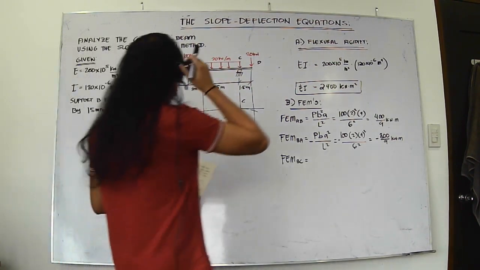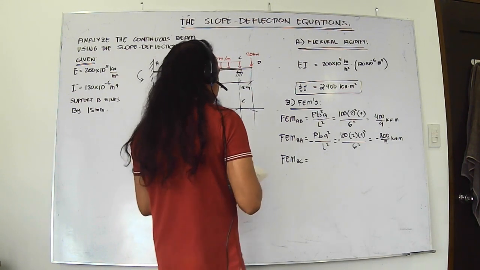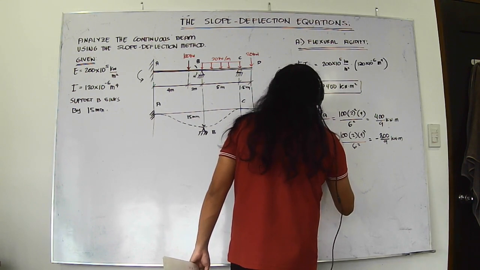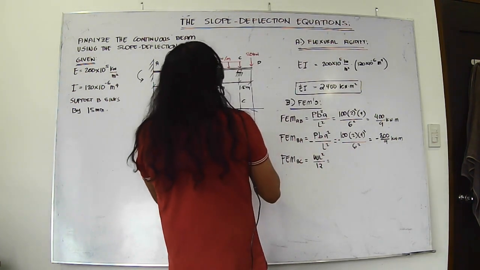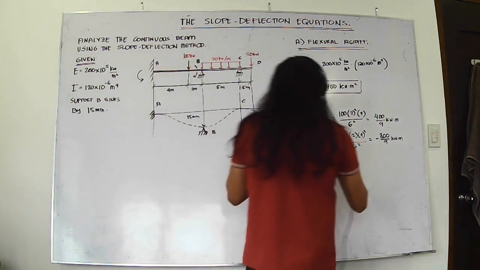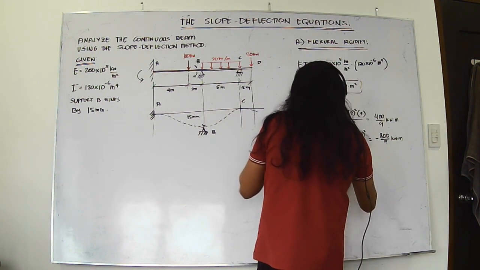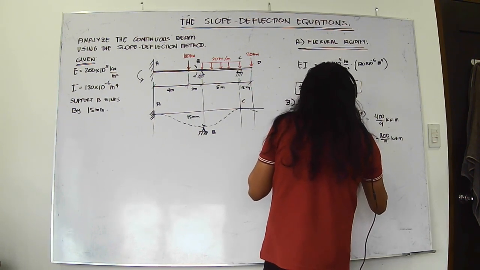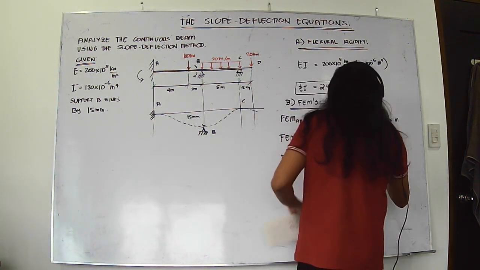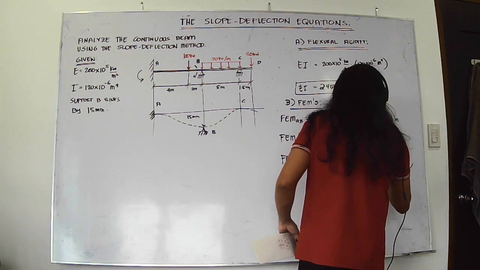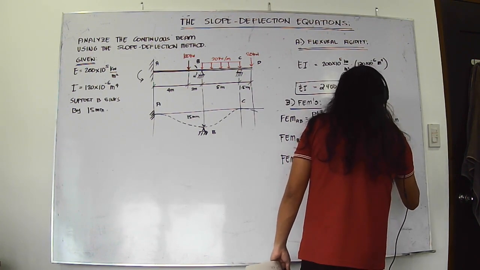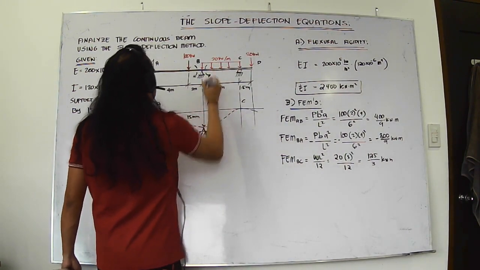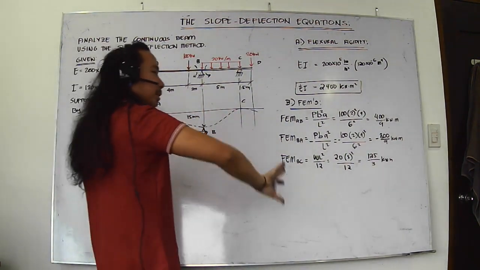FEM BC is WL squared over 12, which is 20 times 5 squared over 12. That would be equal to 125 over 3 kilonewton meters. The rotation is counterclockwise, so BC is positive.